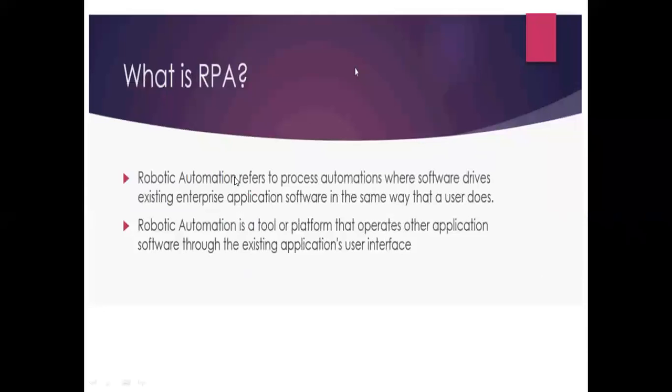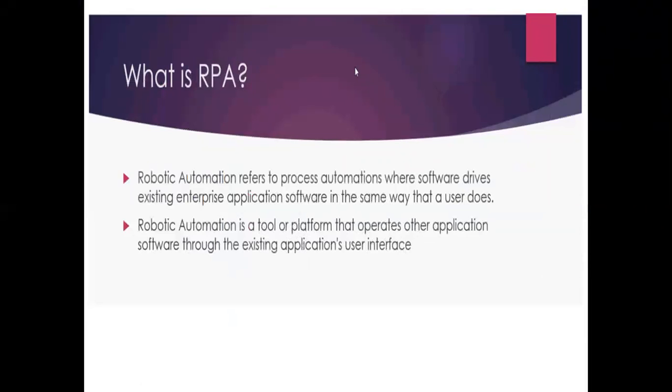So RPA refers to process automation where software drives existing enterprise application software in the same way that a user does. A user is nothing but an end user. RPA is a tool or platform that operates other application software through the existing application's user interface. It will operate another application.